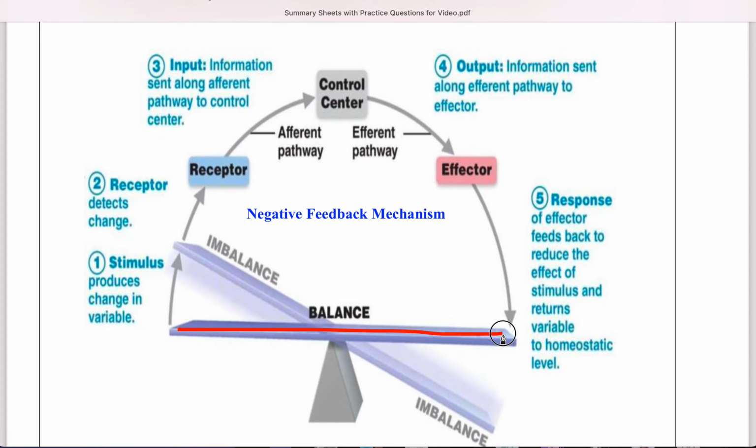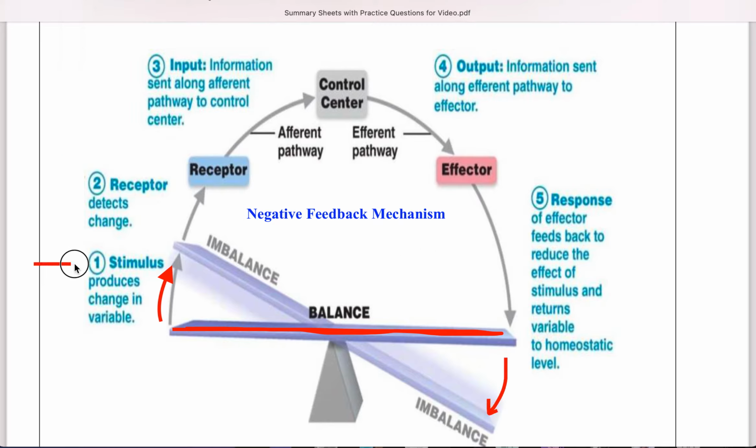You see, this is a balance. Whenever this balance is disturbed, either it goes high like this or it goes low like this. It's an imbalance now. In both cases, the negative feedback mechanism will turn on and it will follow the steps to bring the body conditions back to normal.